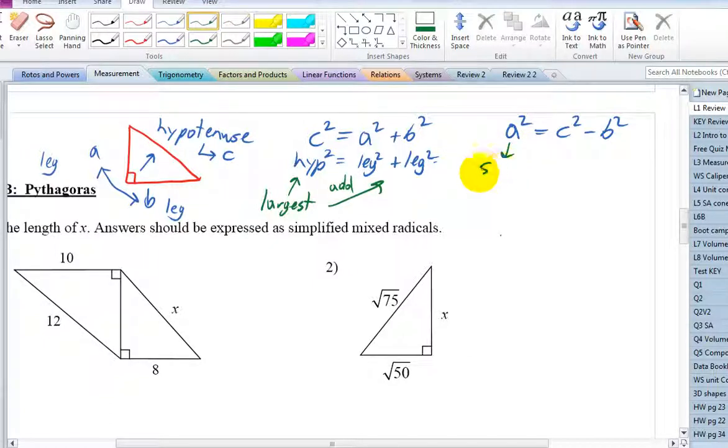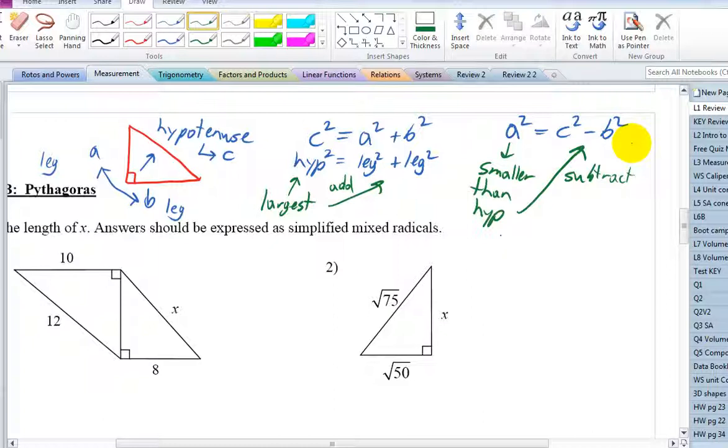This here is smaller than the hypotenuse. That is why you must subtract. You can't add it to make it bigger than the hypotenuse. You must subtract from the hypotenuse. So that green writing there is the key to getting Pythagoras perfect.